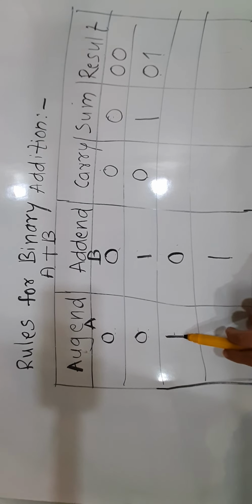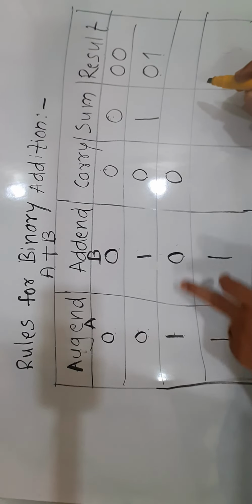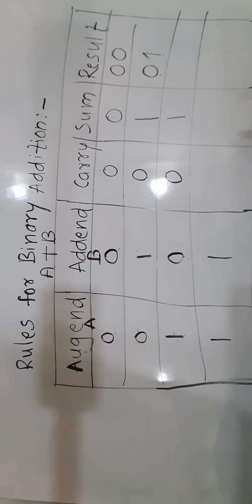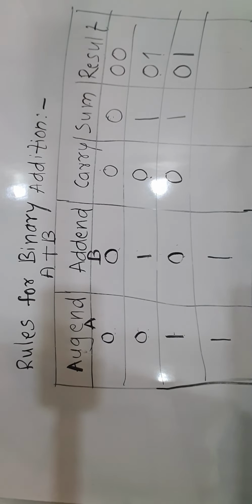If we add 1 plus 0, again carry will be 0, sum will be 1, and the combined result will be 0 1. Now if we add 1 plus 1, then carry will be 1, sum will be 0, and the combined result will be 1 0. So these are the rules for binary addition.